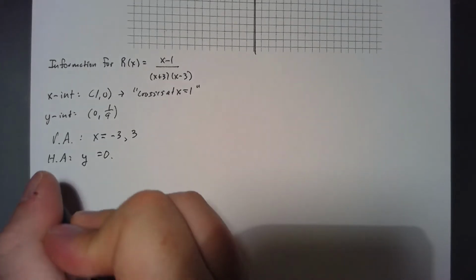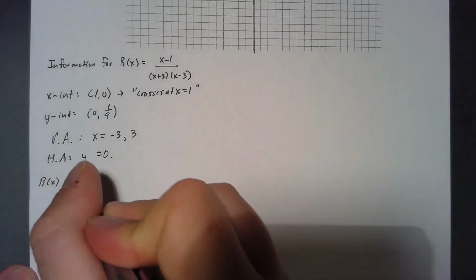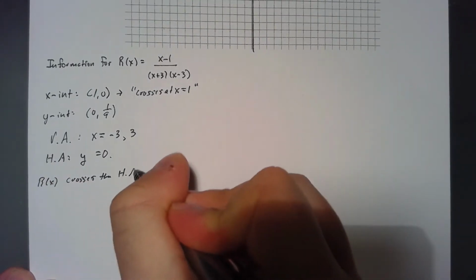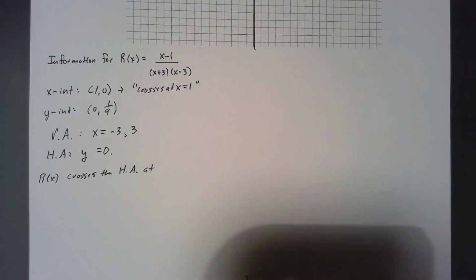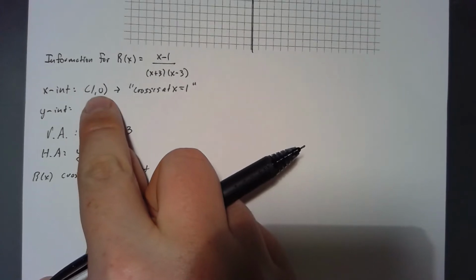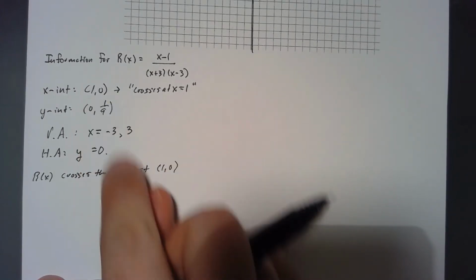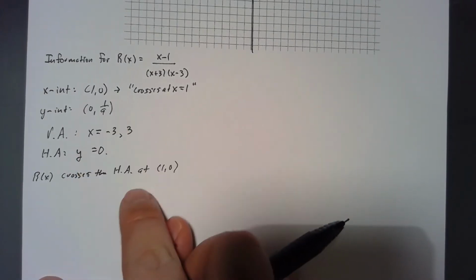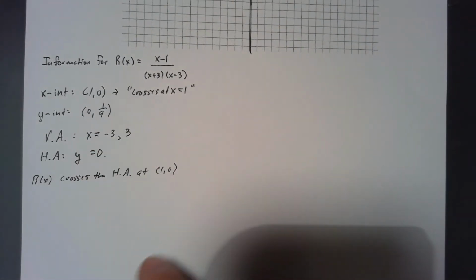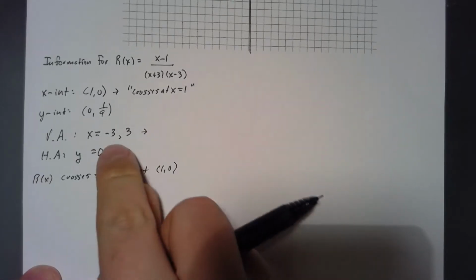The graph r of x crosses the horizontal asymptote at 1, 0, which happens to be the x-intercept, because the horizontal asymptote and the x-intercept lie on the same point. So that's okay, that's fine. Sometimes you'll get redundant information, like I said. Now let's look at the multiplicity of the vertical asymptotes.